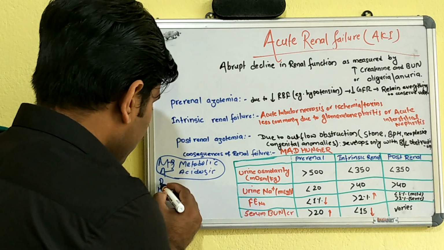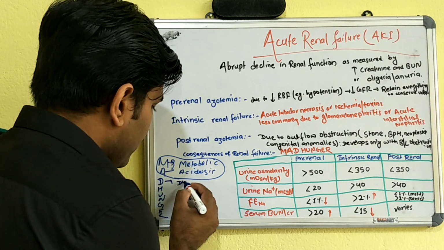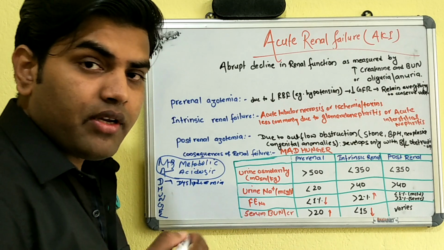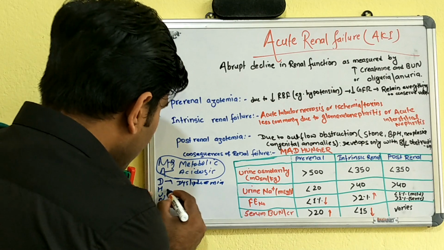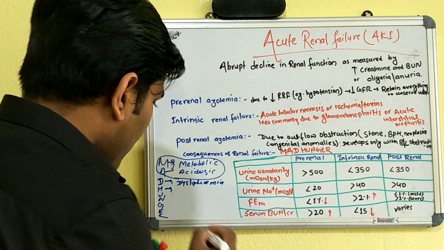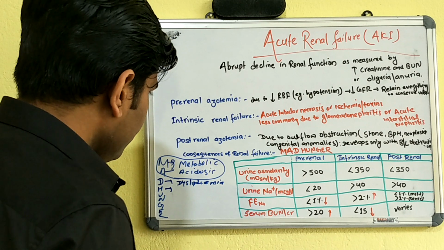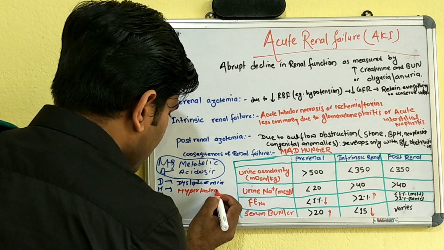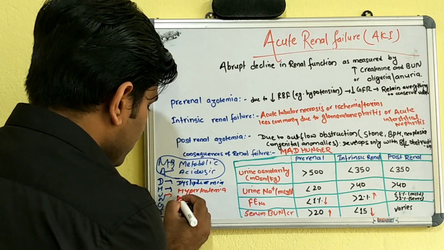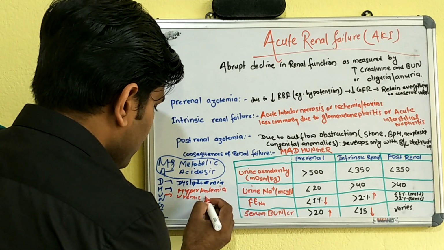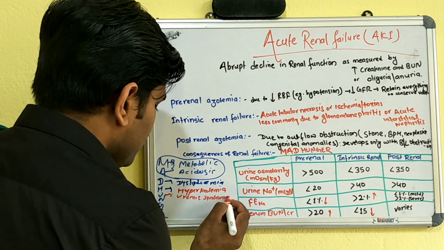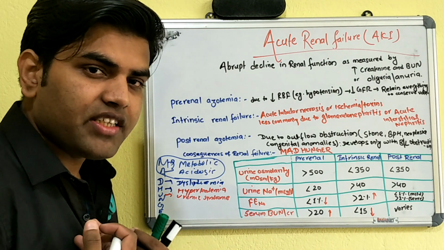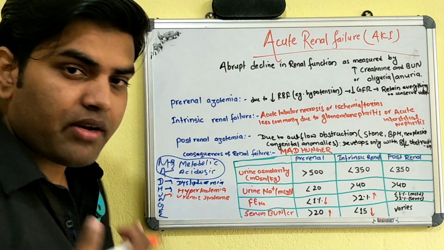Okay, now comes D, which is dyslipidemia. So there will be metabolic acidosis and dyslipidemia. H is hyperkalemia. U will be uremic syndrome, that is uremia, which leads to other conditions like nausea and anorexia, pericarditis, asterixis, encephalopathy, and platelet dysfunction.